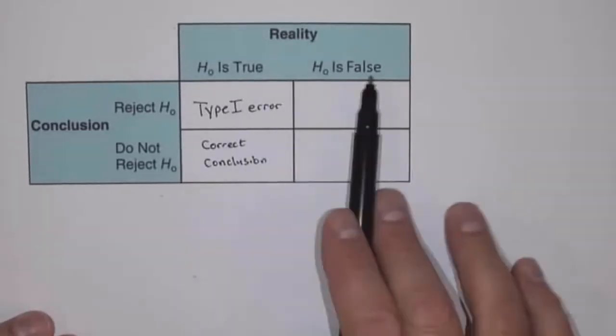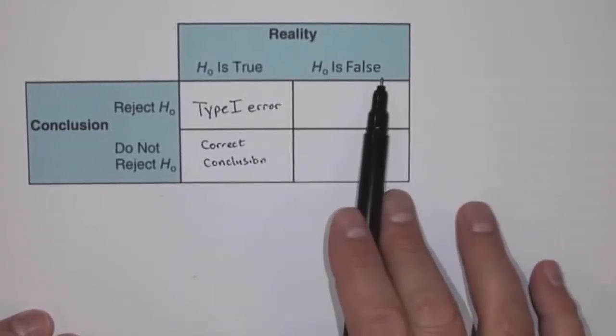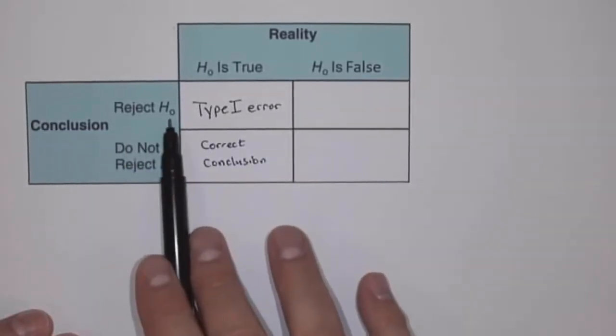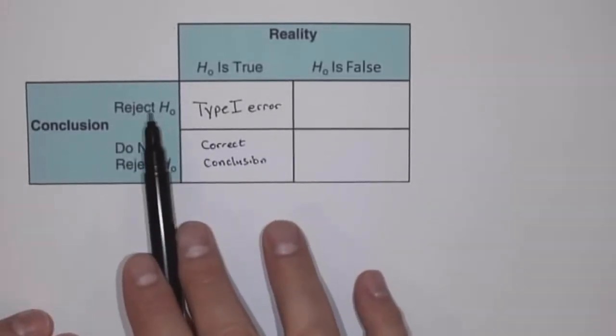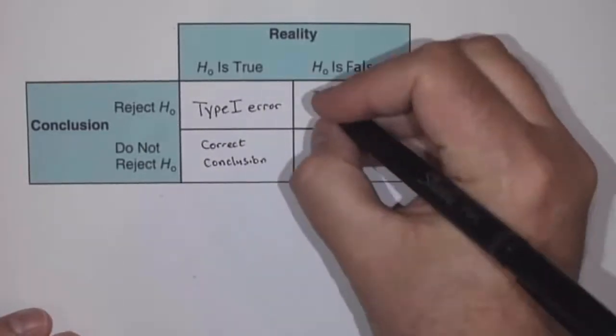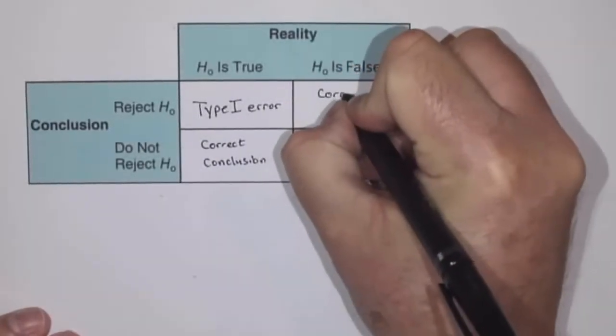Other possibility. Well, the null hypothesis could be false. If the null hypothesis is false and I reject the null hypothesis, then I've concluded that it's false. It actually is false. That is a correct conclusion.